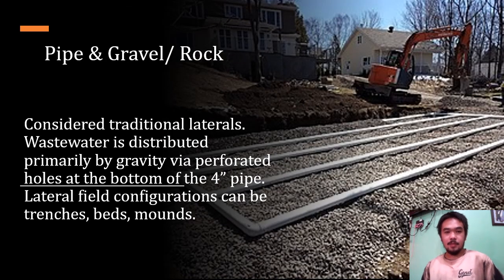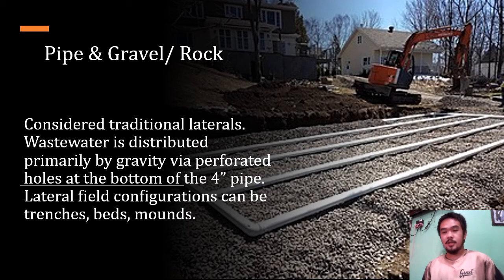Number one is the pipe and gravel rock. This is considered the traditional lateral. Wastewater is distributed primarily by gravity via perforated holes at the bottom of the 4-inch pipe. Lateral field configuration can be trenches, beds, or mounds. What happens here is that the water passing through the drains gets filtered.